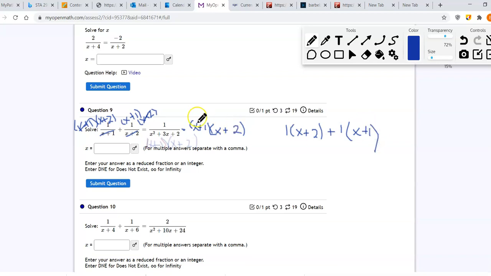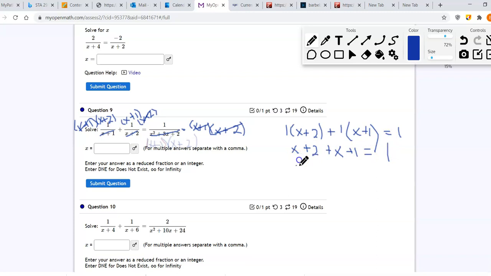And then over here, remember that this factored is x plus 1, x plus 2. So this will cancel out with both of these, leaving me only a 1. So what I've got now is x plus 2, and I apologize, it's hard to write with a mouse, x plus 1 equals 1.